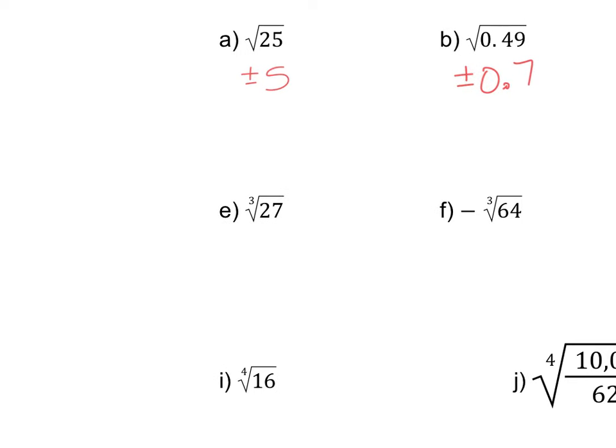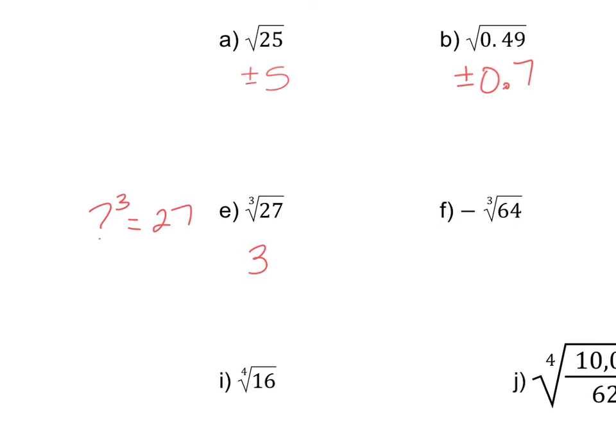Okay, now cube roots. So a cube root is like what to the third power equals, in this case, the first one, 27. Well, that would be positive 3, right? 3 times 3 times 3 would give you 27. Sometimes these take a little bit more work.